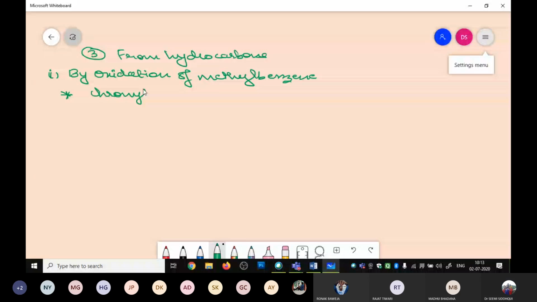Now, chromyl chloride is written in the reaction with the formula CrO2Cl2. What is the function of this chromyl chloride? It oxidizes the methyl group to a chromium complex.